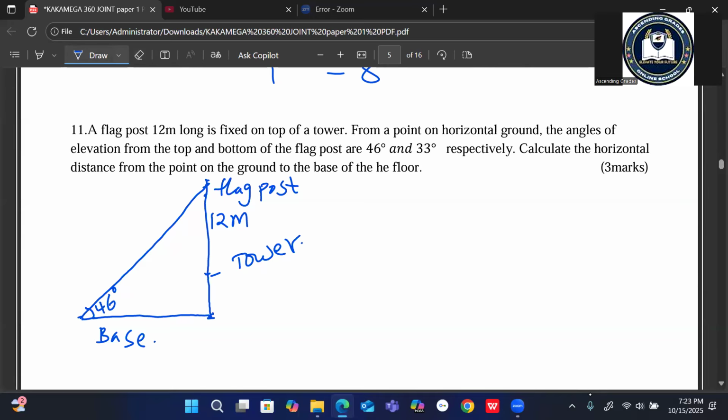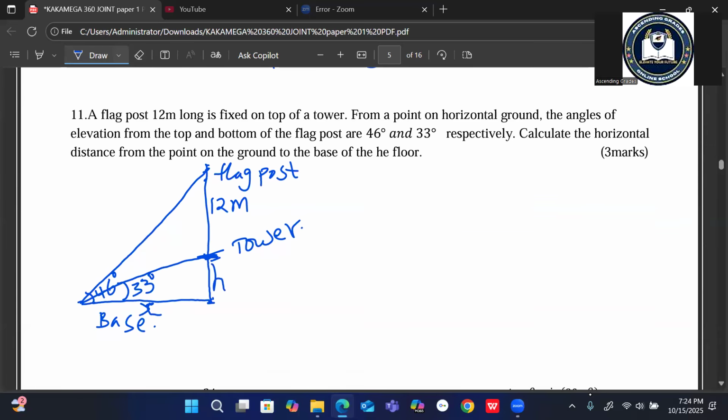And to the bottom of the flag post, that one is 33 degrees. We are told to calculate the horizontal distance from the point on the ground to the base of the tower. Let's call it x, and the height of the tower, let it be h.